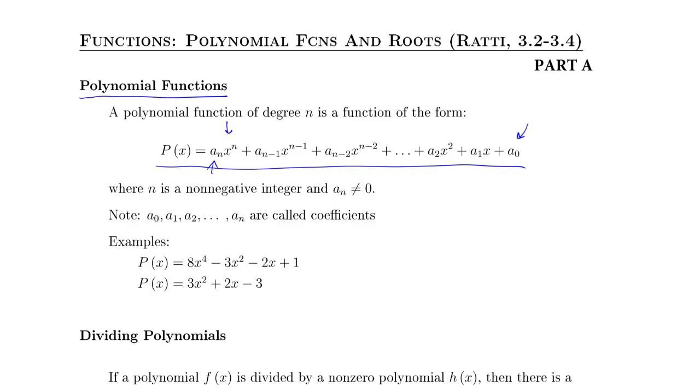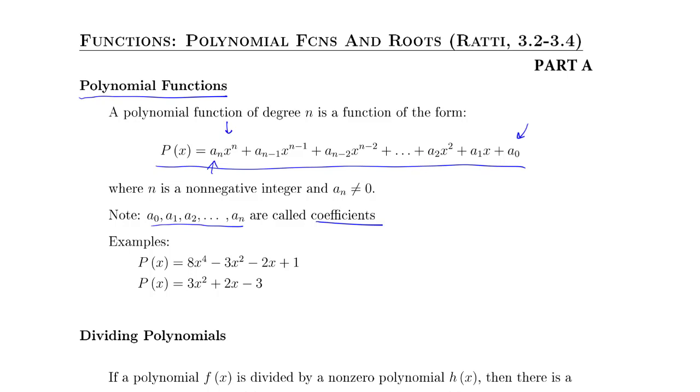So we have a sum of powers of x, and those powers of x have to be 0, 1, 2, 3, 4, the whole number powers. No fractional powers, no negative powers.